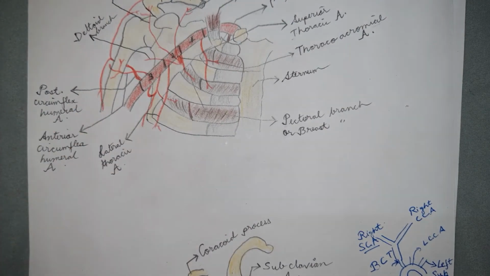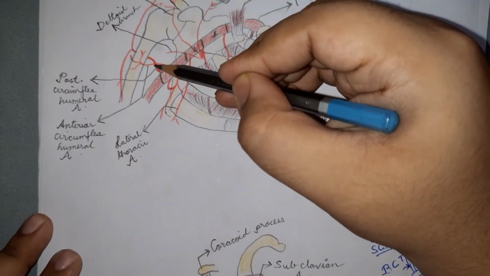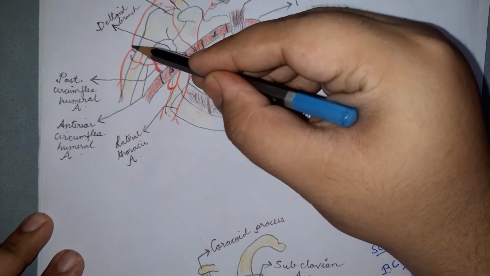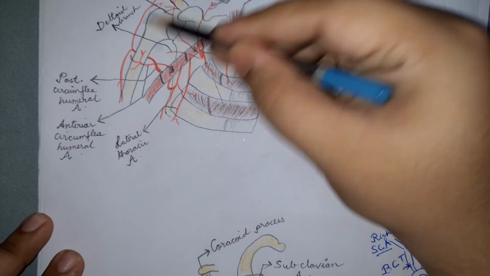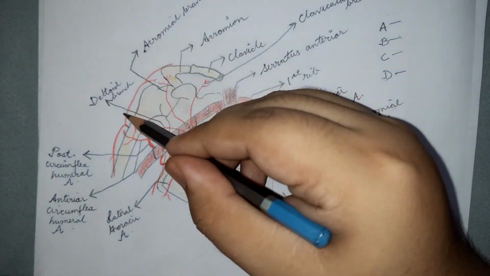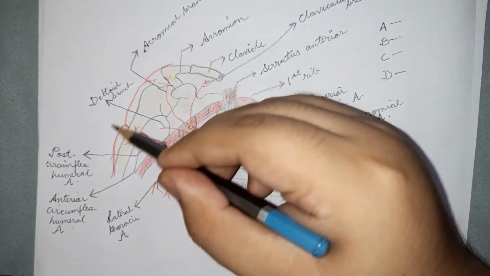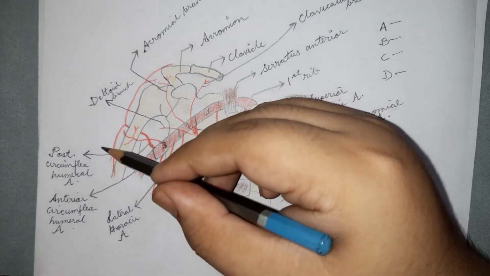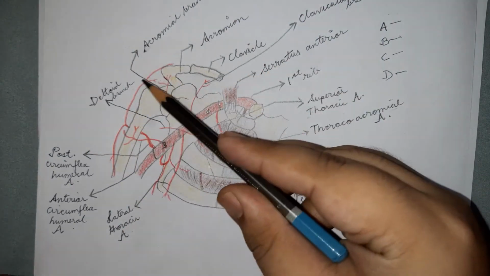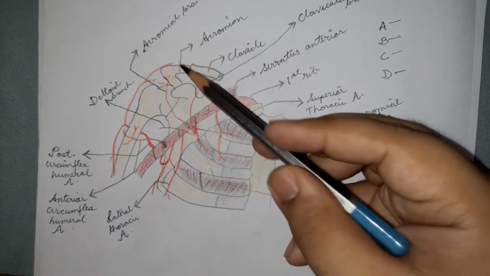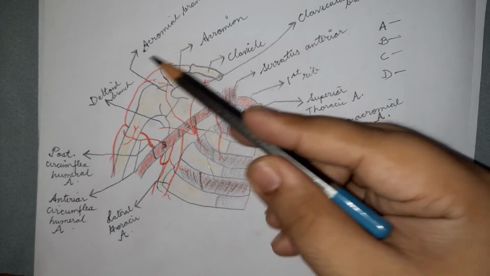By the way, I have not yet completed. The posterior circumflex humeral artery is giving this ascending branch over here, and this descending branch over here. This ascending branch, we'll talk about when we discuss the anastomosis around the shoulder joint, or the scapular anastomosis.